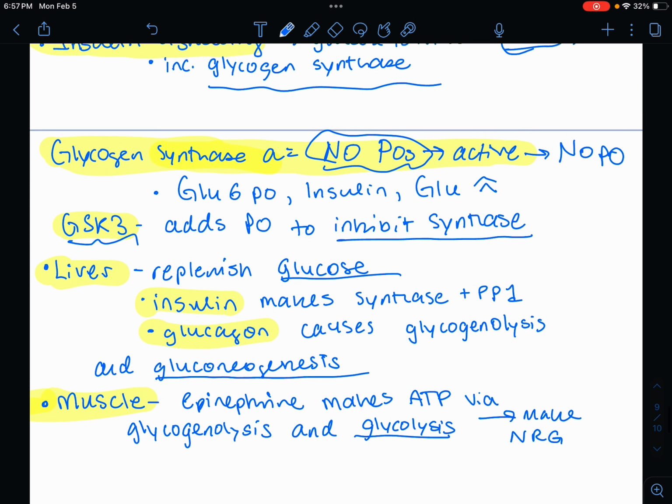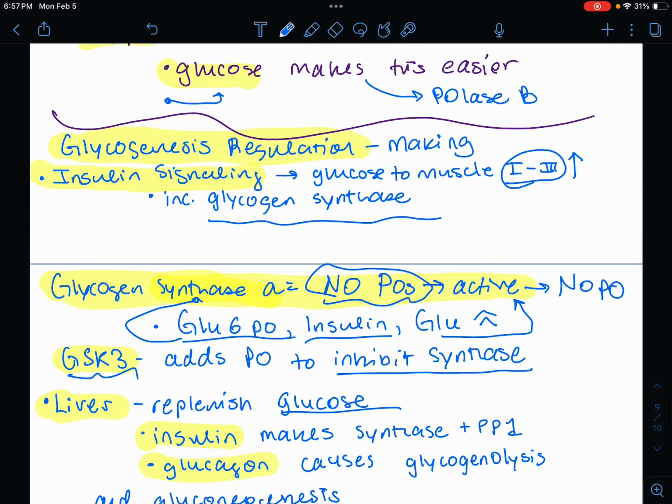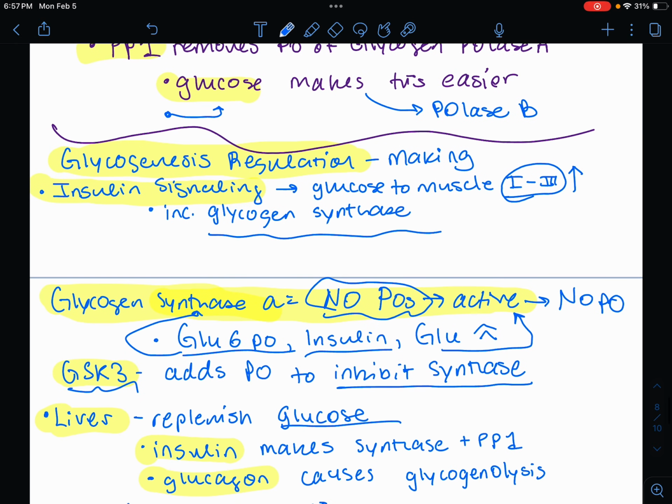So if we have insulin, this is going to drive glycogen synthase to be active. It's going to drive glycogen synthase A. If we have glucose 6-phosphate, that's also going to be for glycogen synthase A. If we have increased amounts of glucose, that's also going to drive glycogen synthase A. It's also going to drive PP1 too, because PP1, remember, PP1 removes phosphates.